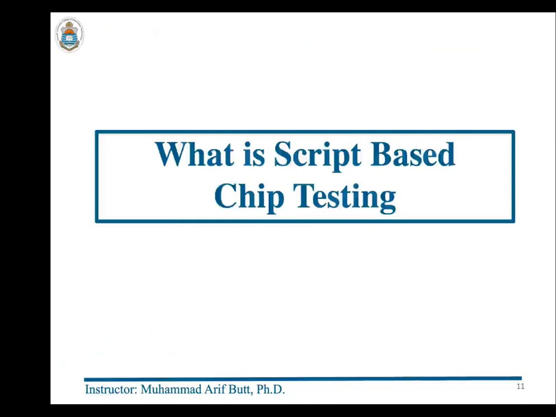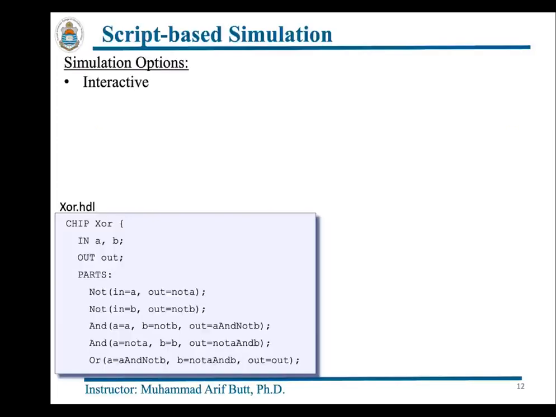Well, dear students, by now you all are very much familiar with how to do interactive testing on the hardware simulator. Let us learn how we can do script-based testing and why we should do it. Okay, so this is the code for the XOR chip, and we know how to load this chip in the hardware simulator.